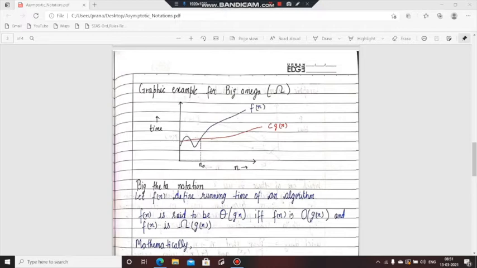From this point n naught, the function g(n) will not go above the function f(n). That means g(n) is the lower bound of f(n), which tells us about big omega. So after this point n naught, the line of g(n) will always remain below the function f(n).